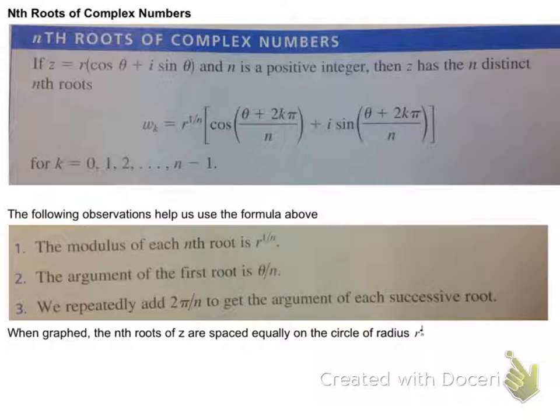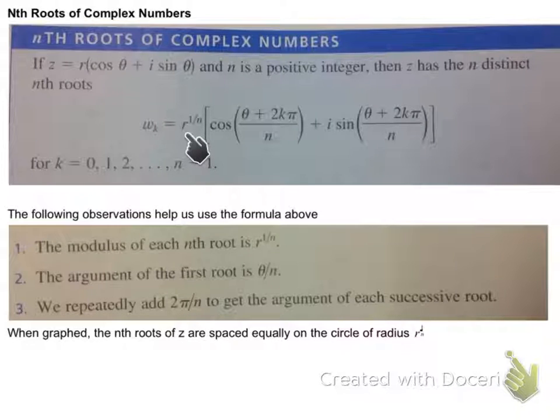If you are finding the 12th roots, there will be 12. Yes, it will follow this formula. Now this formula I might let you guys have on the quiz. Now, listen on how it works because it's pretty simple still.